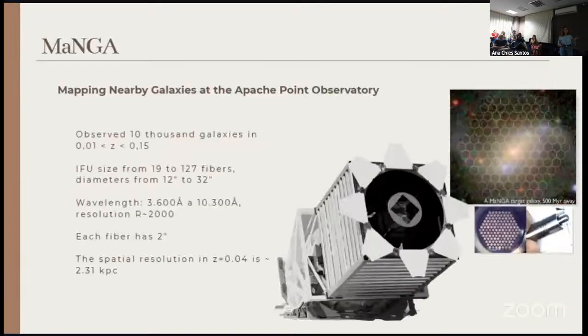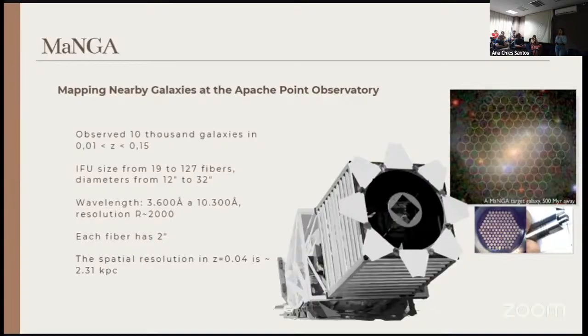To study the nearby galaxies, we use the MaNGA data cubes, processed by Rogério. The MaNGA project observed about 10,000 galaxies in the local universe, and the field of view has about 19 to 127 fibers, and the wavelength is in the optical, so we can analyze lines like O III, H beta, H alpha, and others in these galaxies.